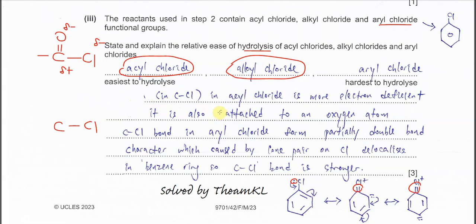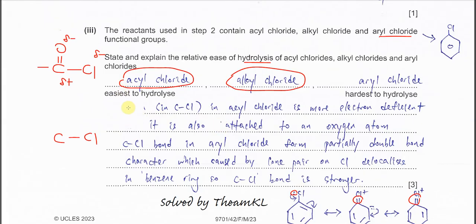Let's start with the explanation. The carbon in the C-Cl of the acyl chloride is more electron deficient, as it is attached to the oxygen and this chlorine atom.